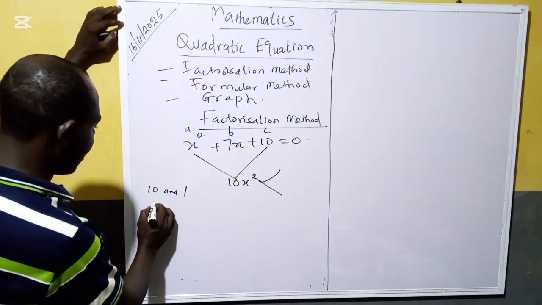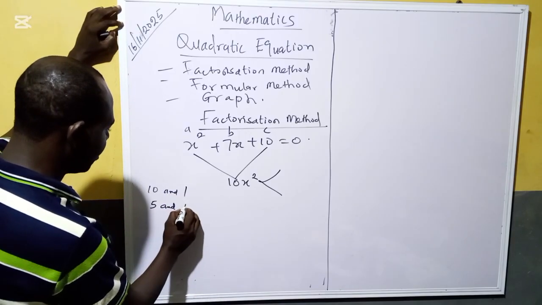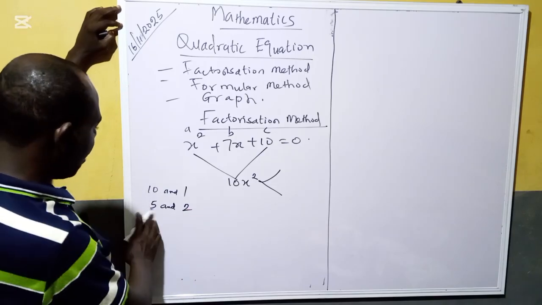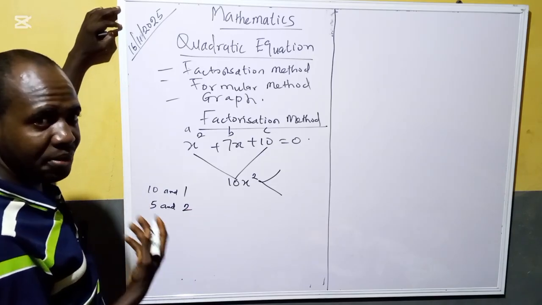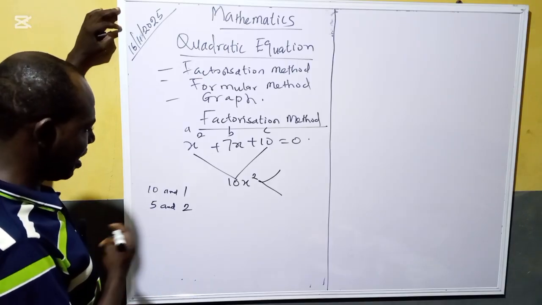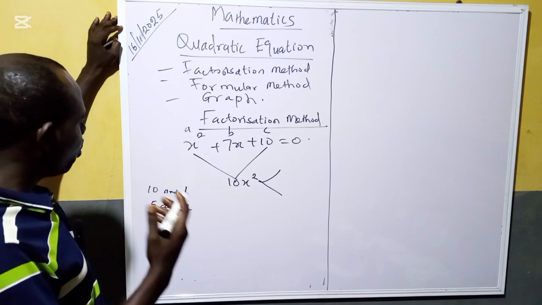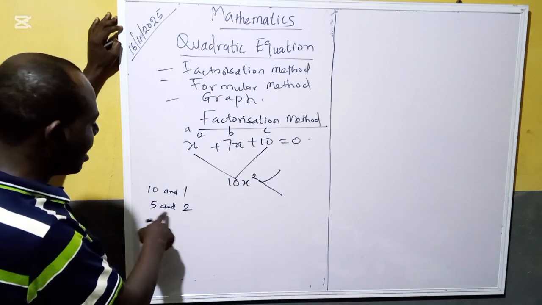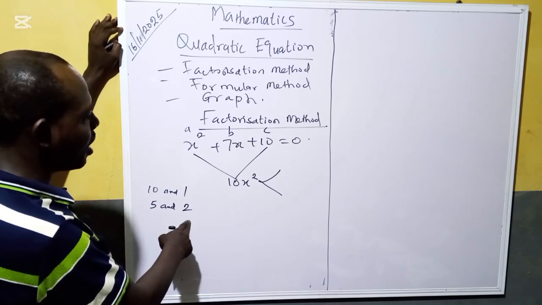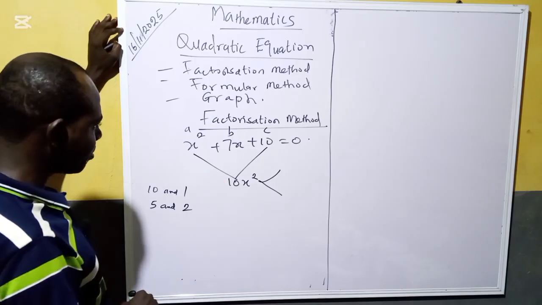Not only that, I have 5 and 2. 5 and 2 also will give me 10 because 5 times 2 is 10. Now you are going to ask yourself, which of these numbers, when I add them together or subtract, will give me 7?